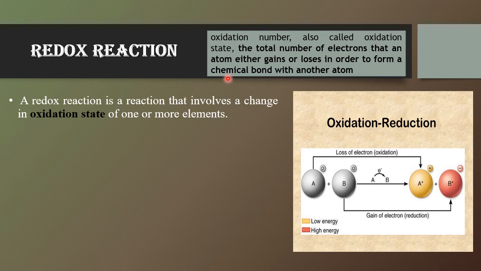So we know that when two chemical species react with each other, one of them is going to lose the electron, the other is going to gain the electron.